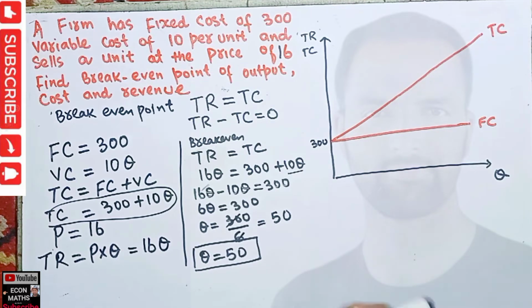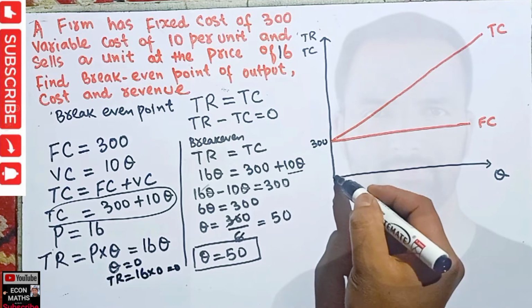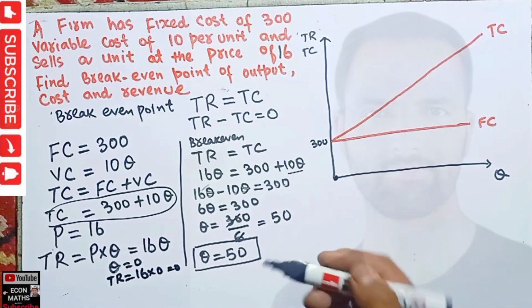And what is our total revenue function? Total revenue is 16Q. When Q is equal to 0, total revenue will be 16 into 0, which is equal to 0. That means if we sell nothing, our revenue will be 0.